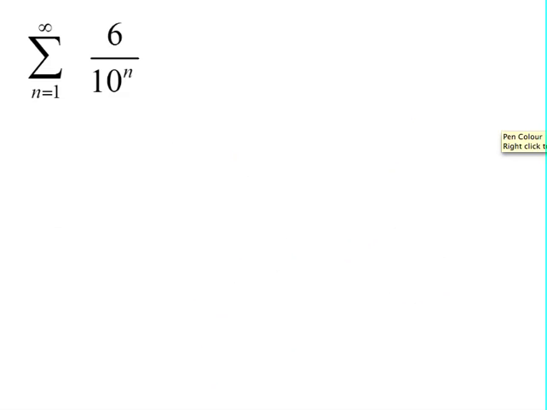So let's look at this one. Now this one's different. It has infinity. Just leave that like that. Infinity, remember, means it keeps on going forever and ever. But this is actually one that, believe it or not, the way it is written, will approach a specific number.